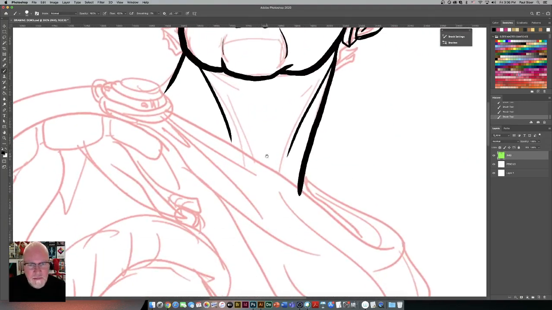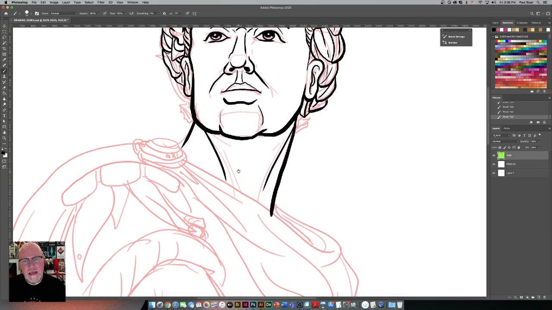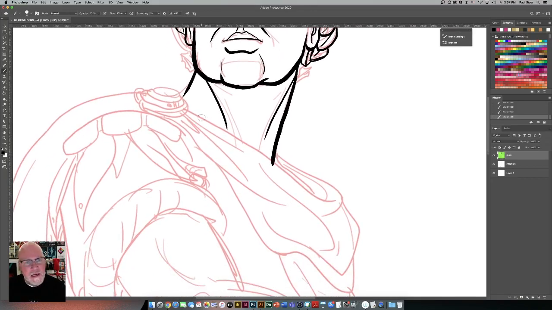So let's go ahead and go down here on the neck, and this is going to be, again, another option, and I'll move kind of quickly, but I'll talk while I'm doing it. This will be another instance where we're going to use thick and thin lines to indicate where the gravity on these folds of cloth is going to be.